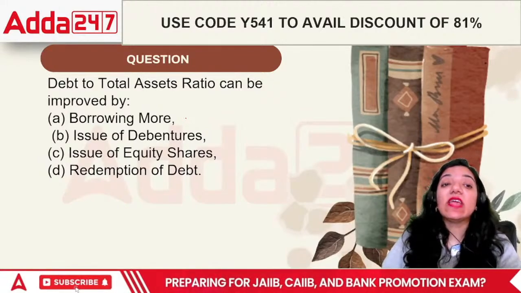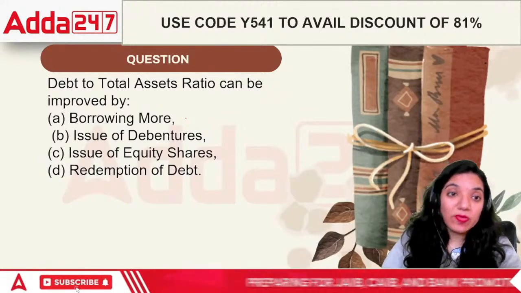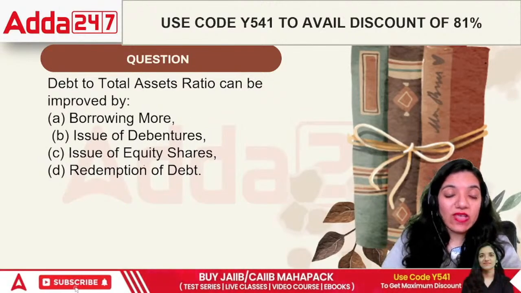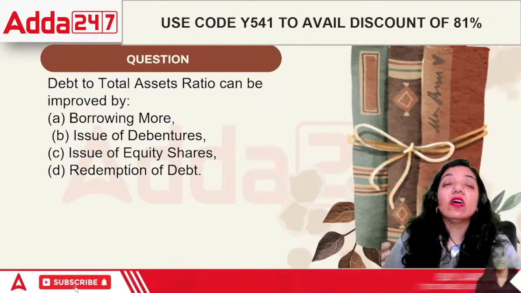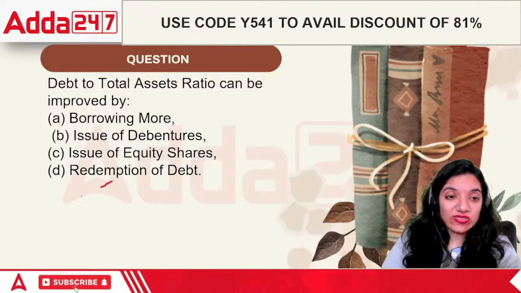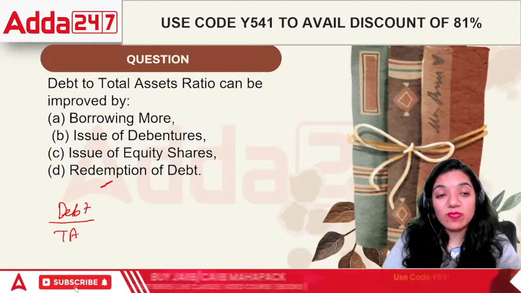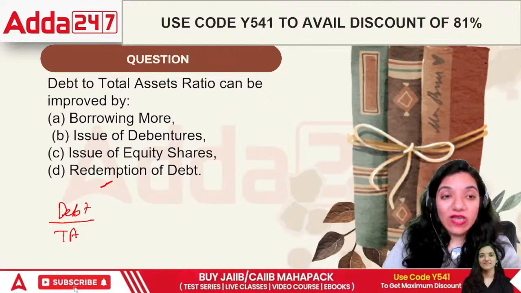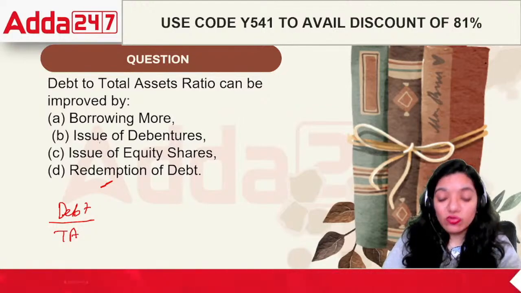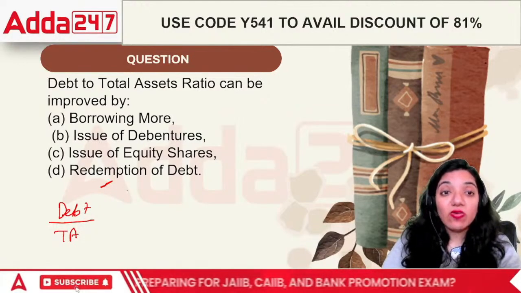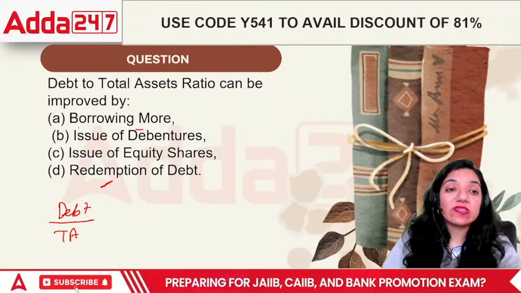Next question, debt to total asset ratio can be improved by. How can we improve the debt to total asset ratio? This ratio states that this portion is debt, and then the assets are built up by adding total assets to the business. So debt to total assets of the business. Now, how can we improve this particular scenario?